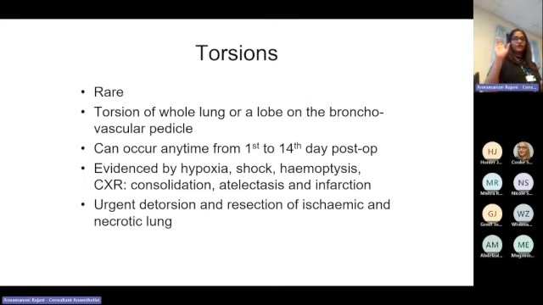The way you would see it would be extreme hypoxia, cardiovascular compromise, shock, hemoptysis, and on chest X-ray and CT you would see consolidation and infarction of the lung. Management of that is immediate theatre.